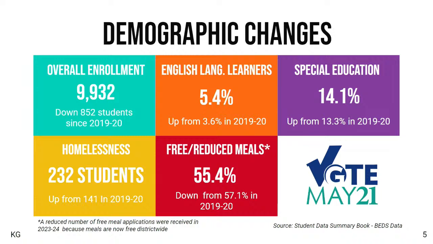A couple of things I want to point out about this information. That number is driven by BEDS data. The one piece on here that I think is an anomaly is that free and reduced. There are a couple of issues I have with that. As you know, we're community eligibility. Because we got the status of community eligibility, our students get breakfast and lunch for free as a district.